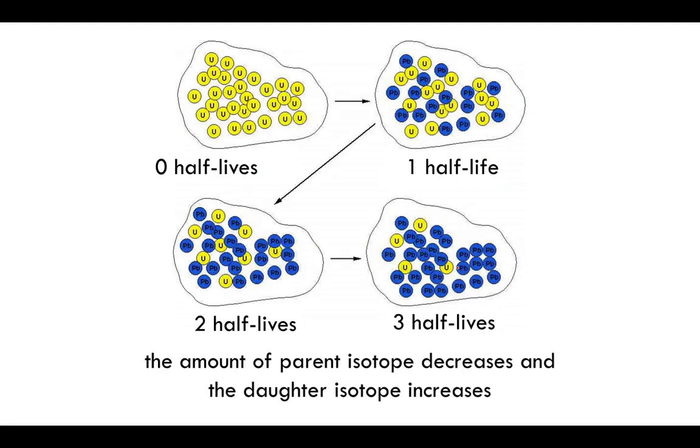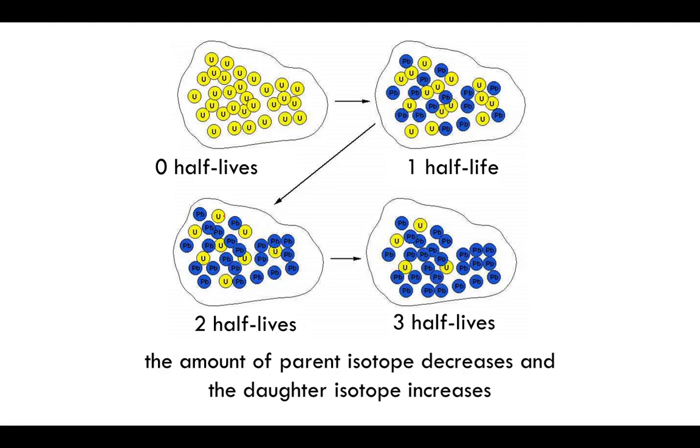One thing to keep in mind here, and this is something that students often forget about because they're so focused on the parent isotope, is that as the amount of the parent isotope decreases, the amount of the daughter isotope increases. So let's say this is uranium-235. At 0, we have 100%. By 1 half-life, half of these uraniums have decayed into the daughter isotope, which is lead.